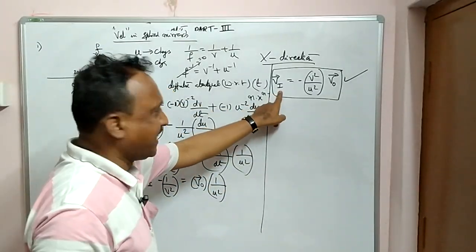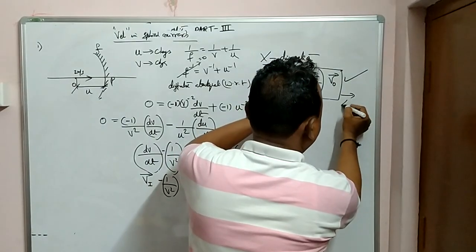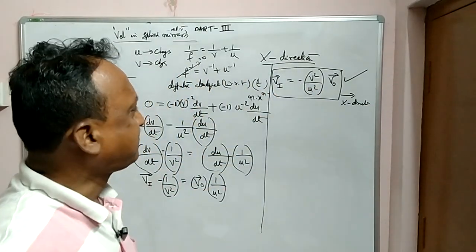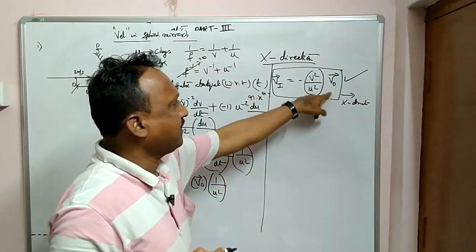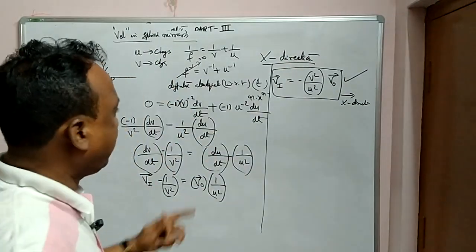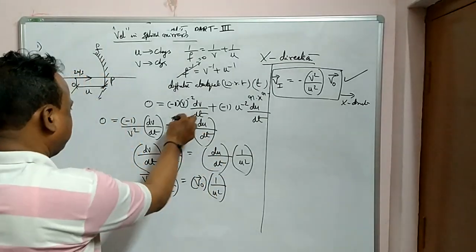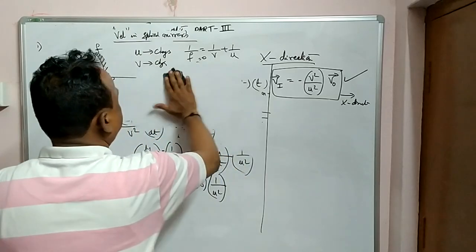So velocity of the image in x direction is given by minus of v square by u square into velocity of the object. Vector కాబట్టి పైన బార్ పెట్టాను, object in x direction. Please make a note, all these are with respect to what? Mirror. ఇవన్నీ ఏంటి? With respect to mirror, please.